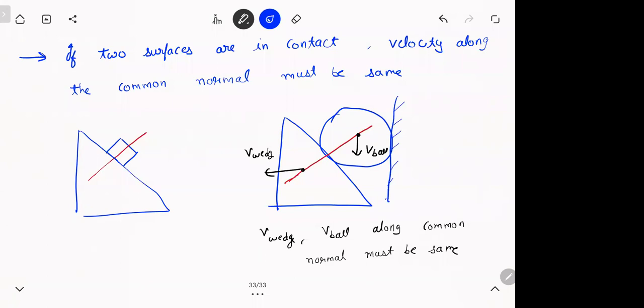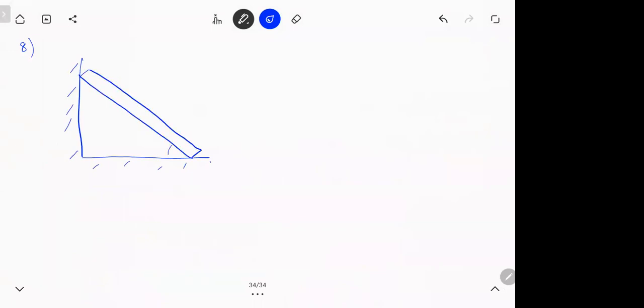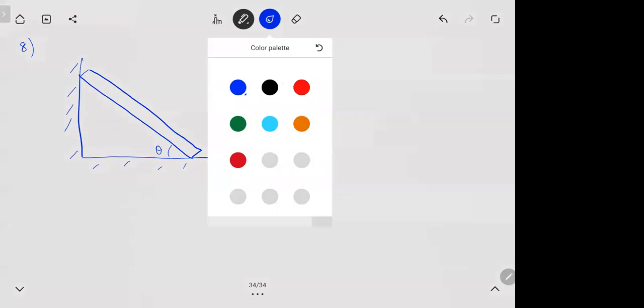Let's see a problem. So we have a ladder here. There are 2 points.